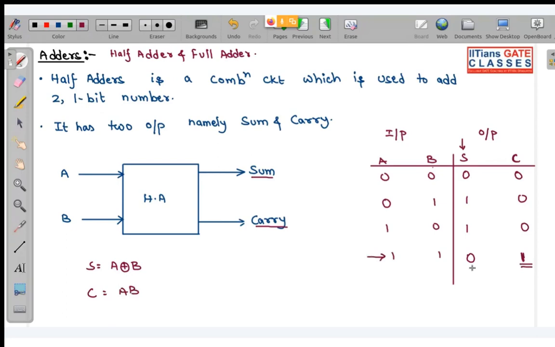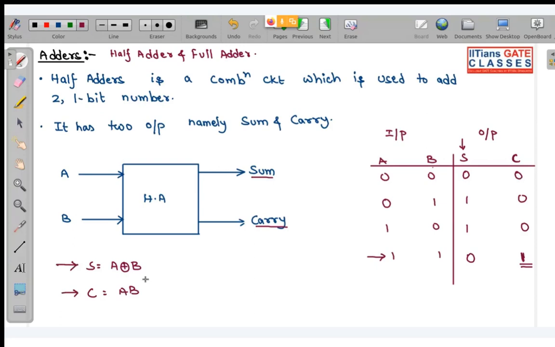You can even write the max terms also; it's up to you. If you write the max terms, you will get the same expression. So you can see that we got sum as A XOR B and C as A dot B.